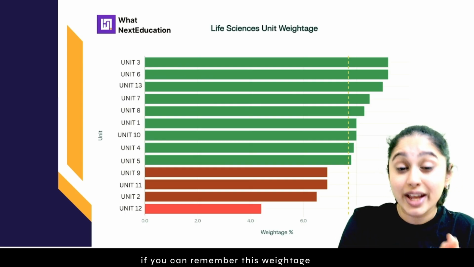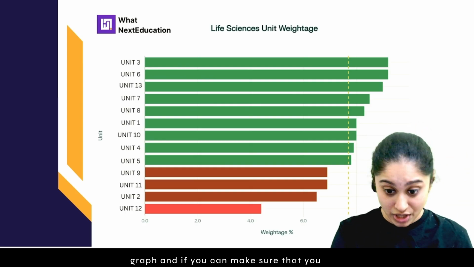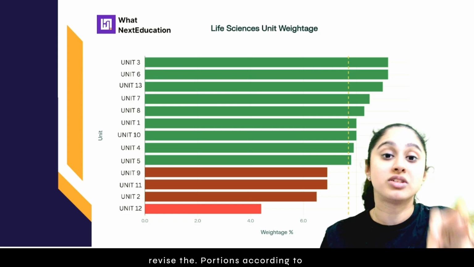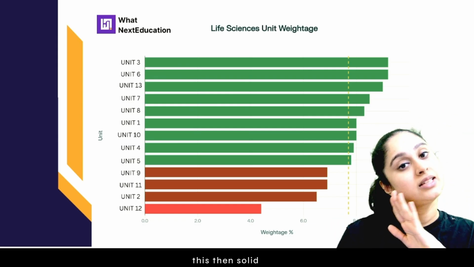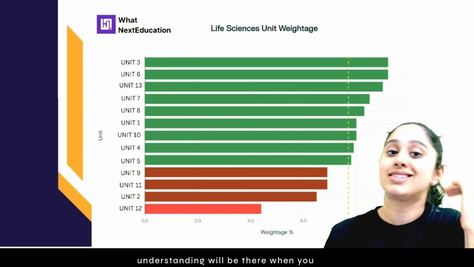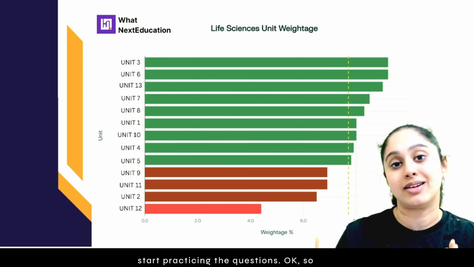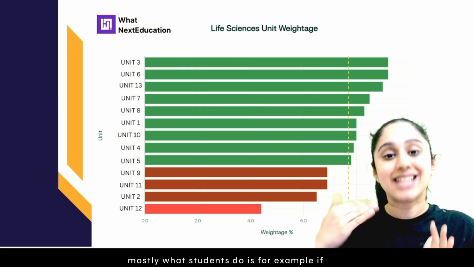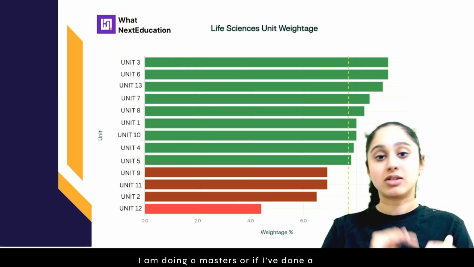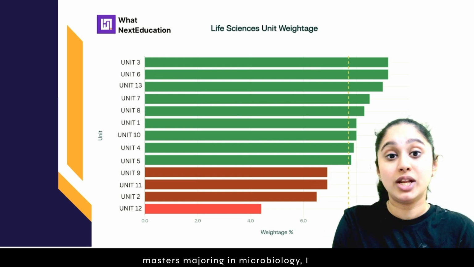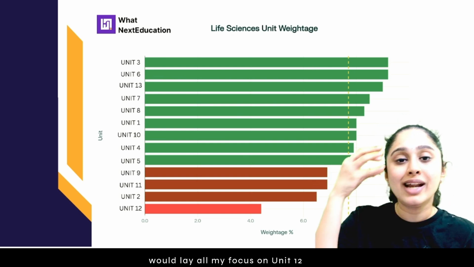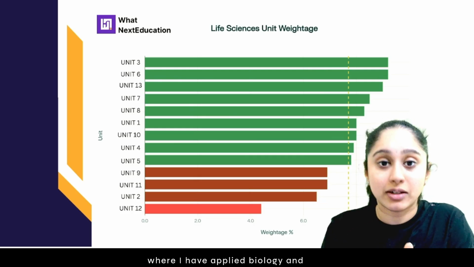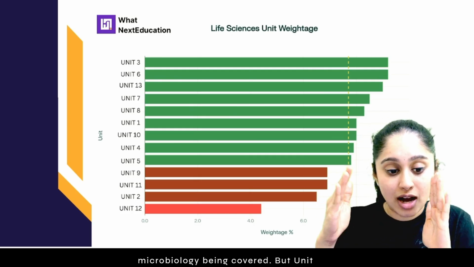Now if you can remember this weightage graph, and make sure that you revise the portions according to this, then a solid understanding will be there when you start practicing the questions. Okay, so mostly what students do is, for example, if I've done a master's majoring in microbiology, I would lay all my focus on unit 12, where applied biology and microbiology are covered.